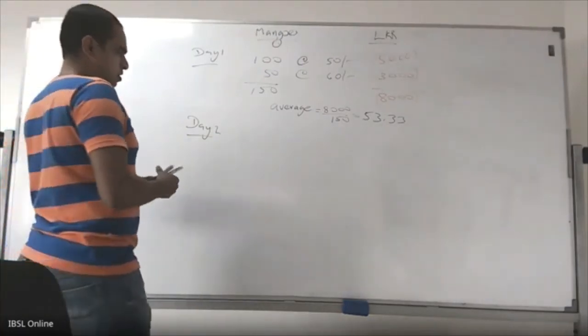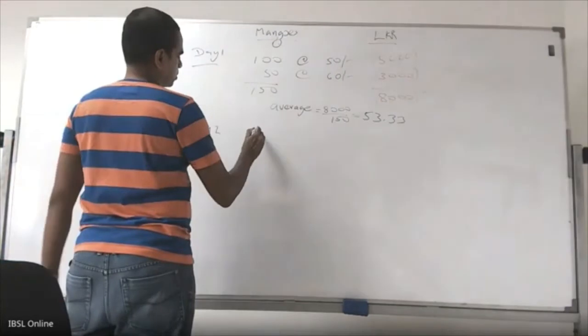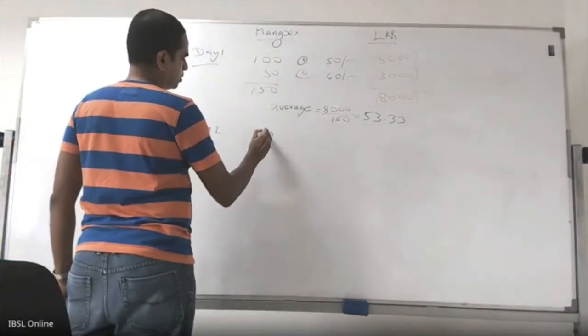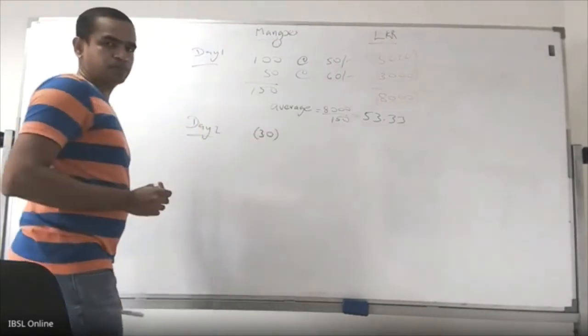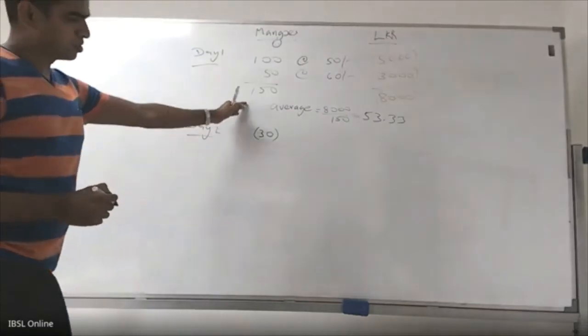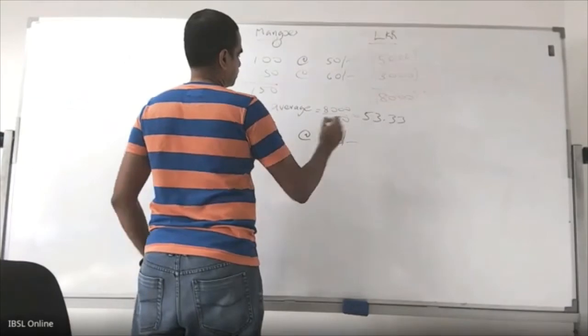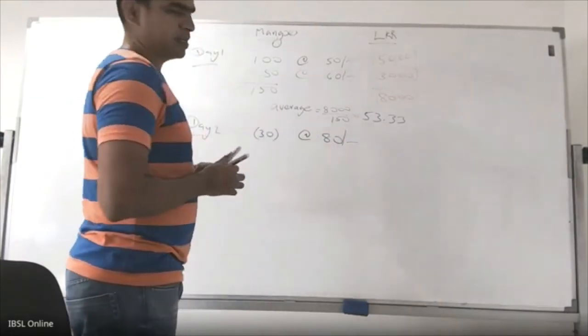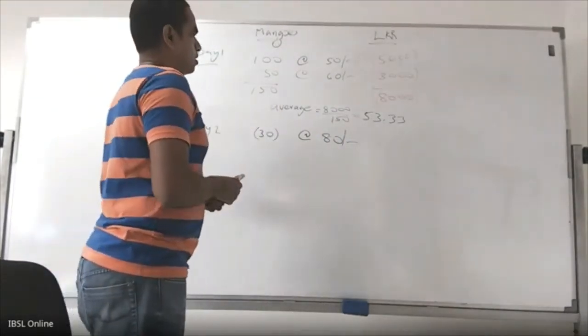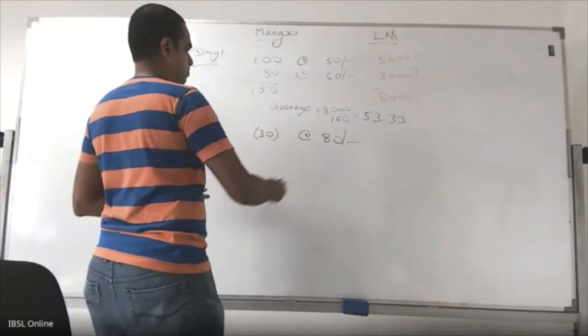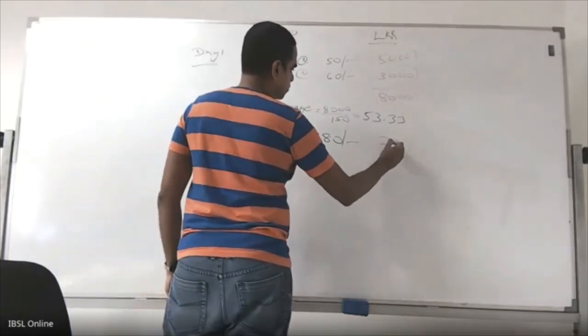Let's say the next day you sold 30 mangoes at 80, which means you receive 2,400.